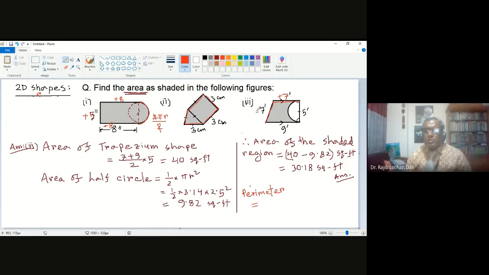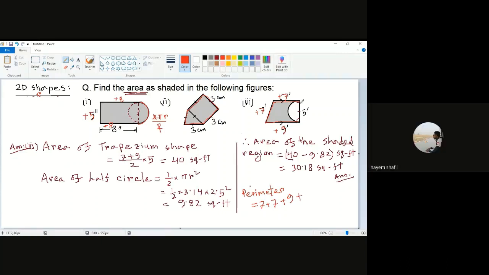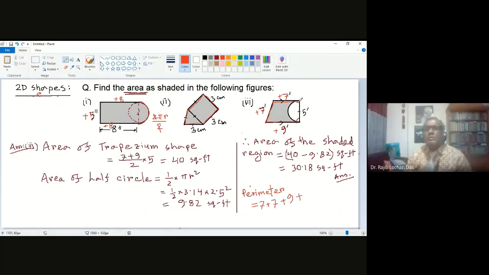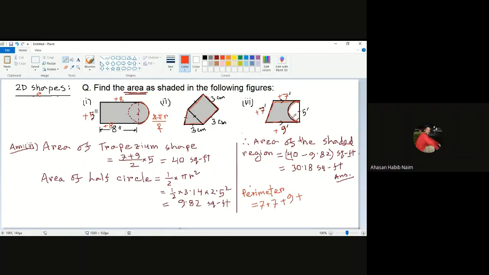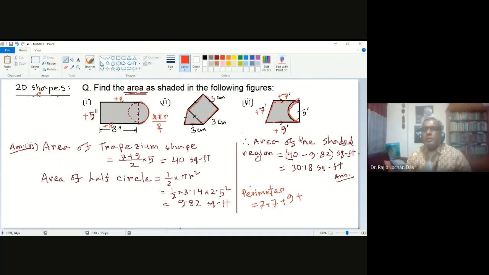So 7 plus 7 and then 9, right? So you write here 7 plus 7 plus 9. And what is the other side? Not 5, not 5. This is not the shaded part. This is the shaded boundary.